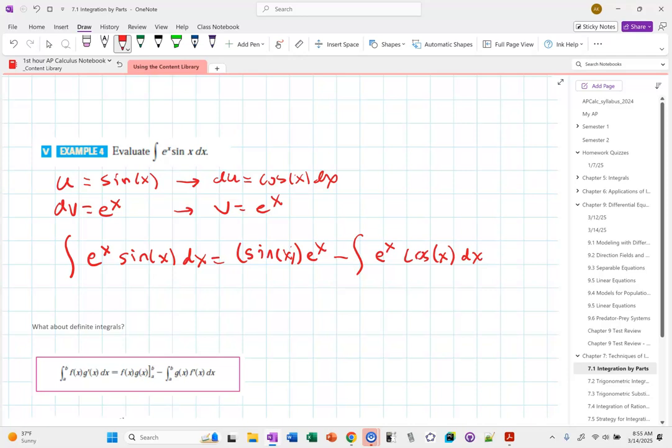That didn't seem like it helped me out a whole lot. But we just saw in the previous problem that maybe I have to do this again. So maybe I just try it again, right?